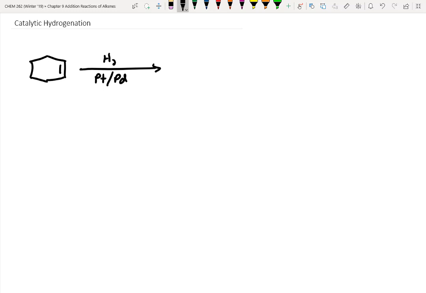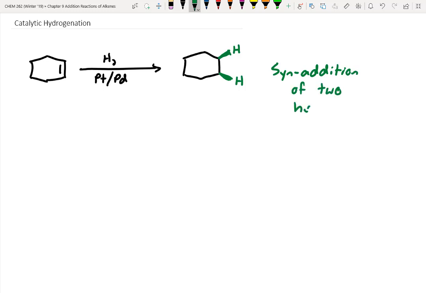And when this happens, you can add hydrogen across a double bond. Specifically, the hydrogen that you add is going to add in a syn orientation, although the final product for this doesn't matter because we don't even have stereocenters. So this will be syn addition of 2 hydrogens.